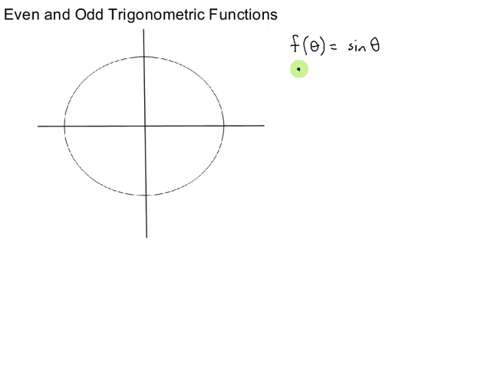And in order to do that, I need to evaluate the function at f of negative theta and see what that equals. Well, let's arbitrarily choose some angle theta that puts us over here. So this is positive theta. Negative theta would put us down here.